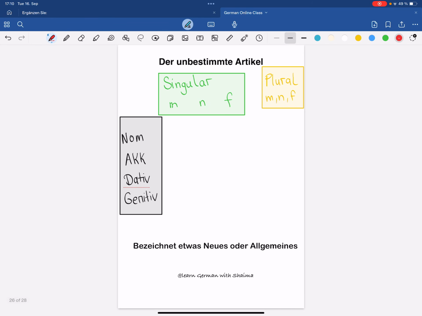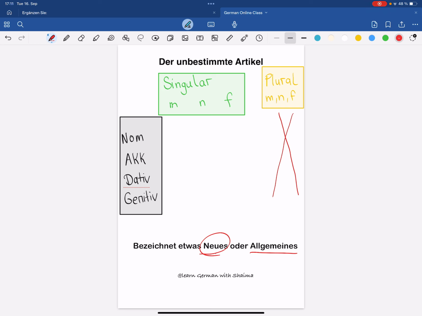Now coming to the unbestimmte Artikel. You always use the unbestimmte Artikel if you are talking about something which is new, or something in general. So it's nothing specific but a general thing. The best part about this is that in plural we do not use any unbestimmte Artikel.